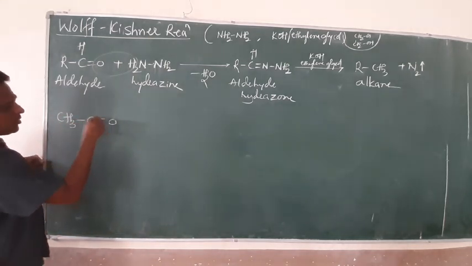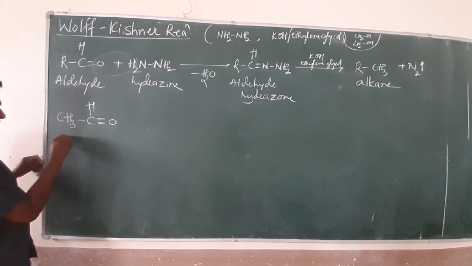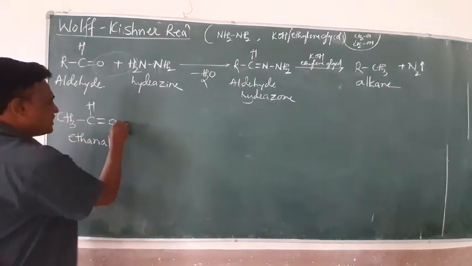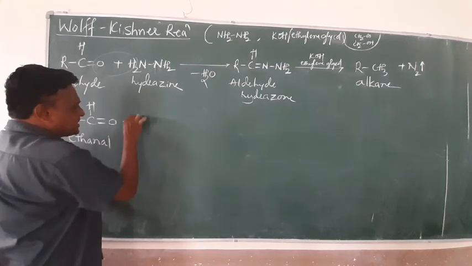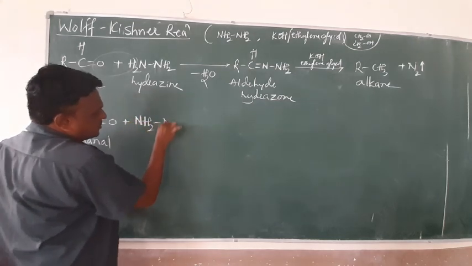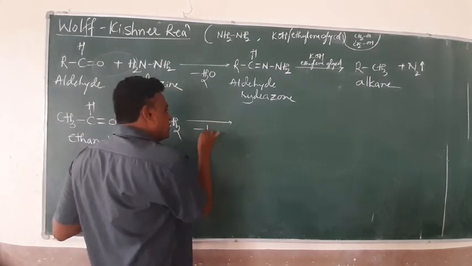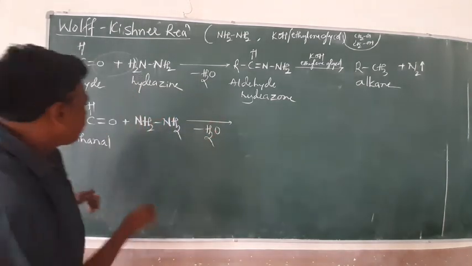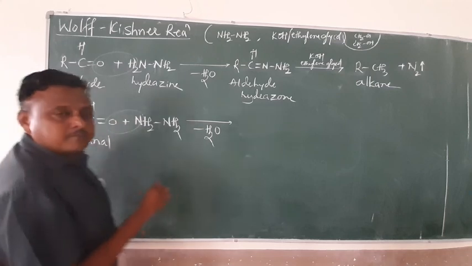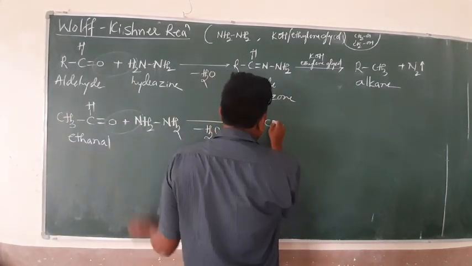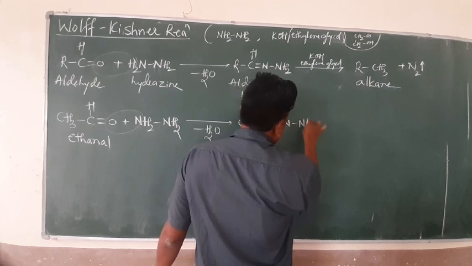CH3 C double bond H is ethanal. When ethanal reacts with hydrazine NH2NH2, there is a loss of water, giving CH3 C double bond N NH2.